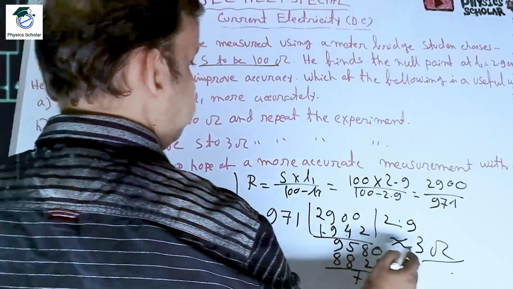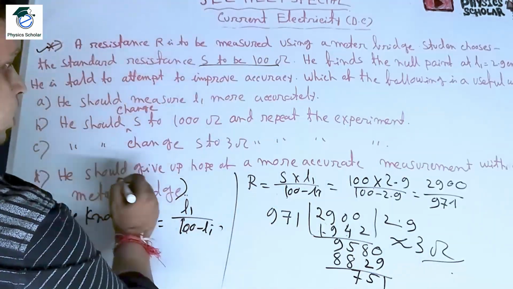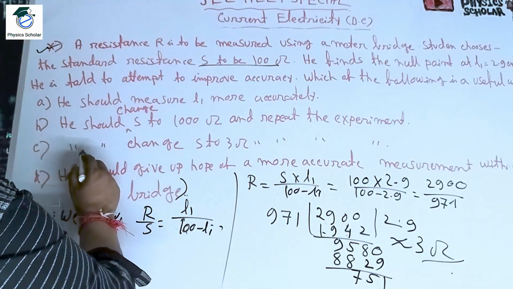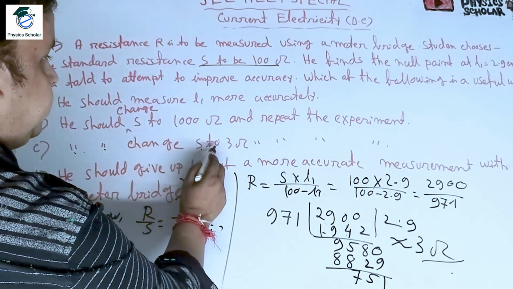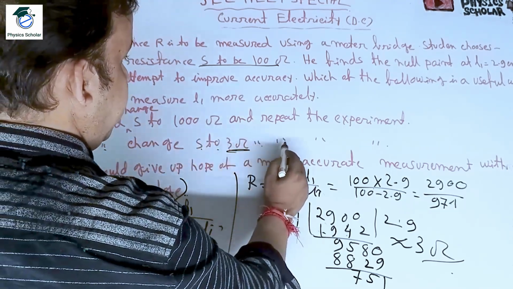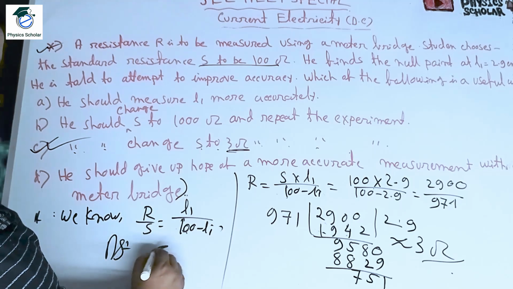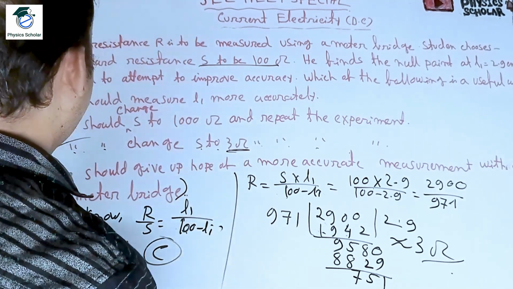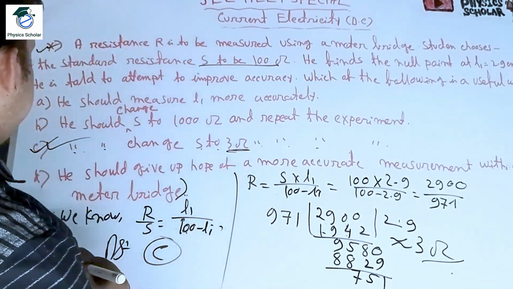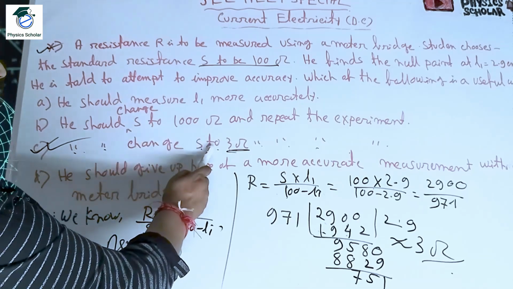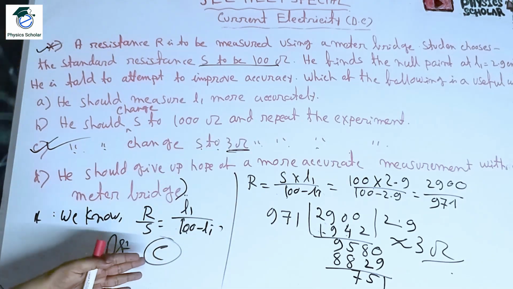So the value of R will be approximately 3 ohms. That means he should change S to 3 ohms and repeat the experiment. Option number C will be correct, clear? So he should change S to 3 ohm and repeat the experiment.